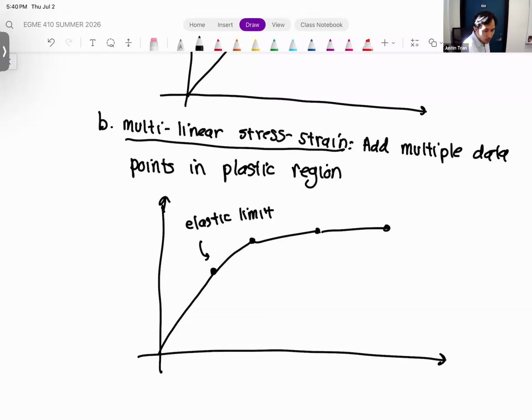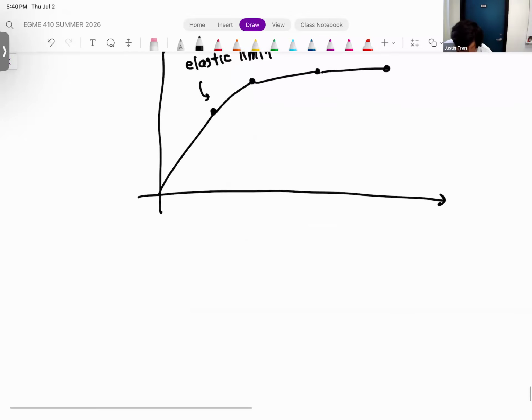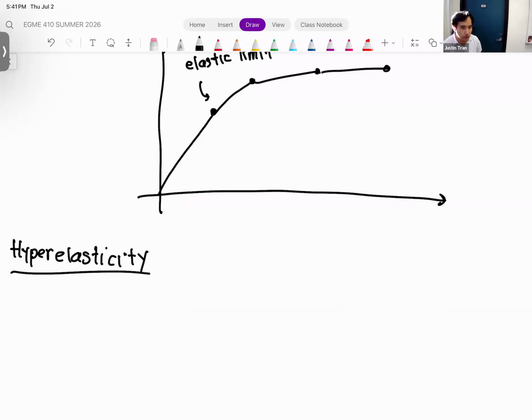Okay, all right. So the last thing I want to mention before we head out is this concept of hyperelasticity. I think I've asked this question in the past, and I think nowadays you are learning a bit about hyperelasticity in your classes.